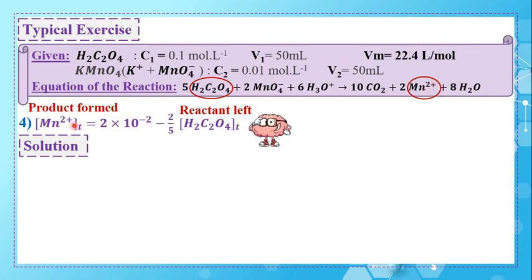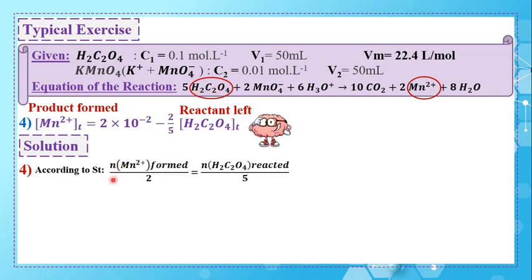So I have to start by saying, according to stoichiometry, the number of mole of Mn2 plus formed over 2 is equal to the number of mole of the reactant reacted over 5.